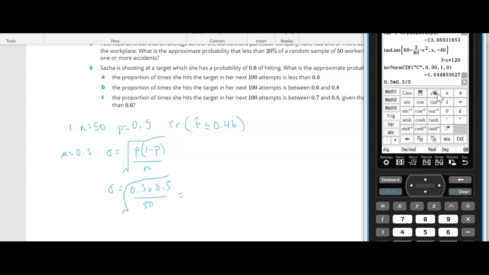I forgot my square root sign, but that's all good. I can do that in a second. All right, so we've got 0.0707.